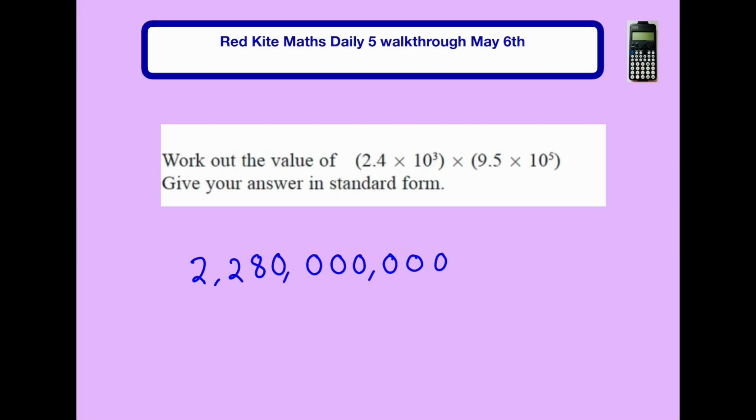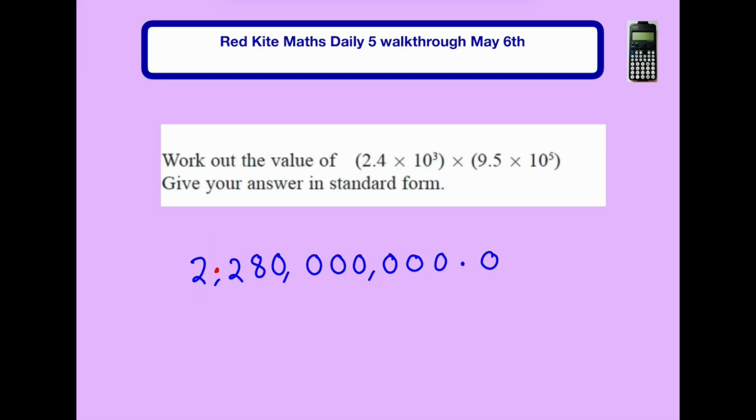Standard form, as we know, is a number with a value between 1 and 10, but it can't be 10. So let's have a look. Our decimal point technically is here at the end, and we have to think, okay, how many times is it going to jump? So I need it to end up there, because then this number here will be between 1 and 10.